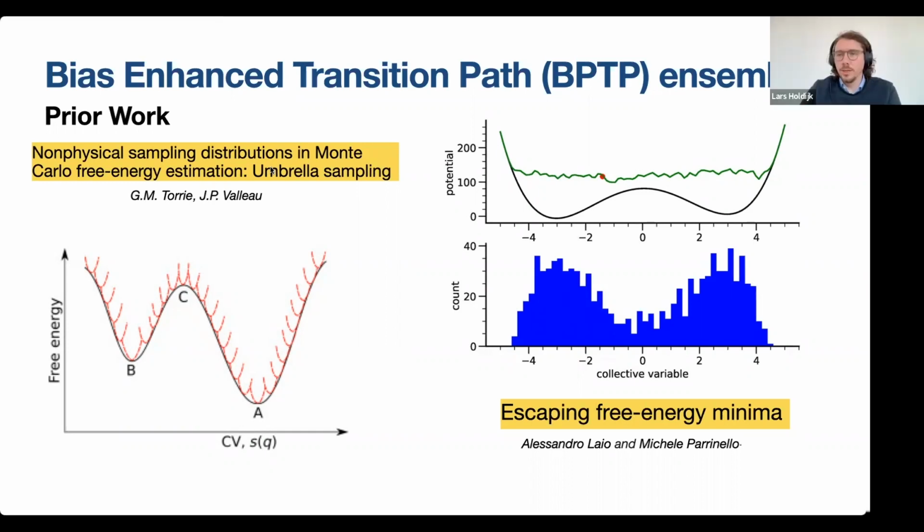The wells could be any molecular system of interest. This is still active work where we have this method for sampling these transition paths and learning this bias potential, and now we want to use those methods to actually derive these quantities of interest.